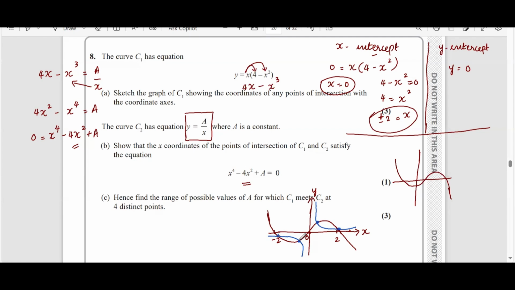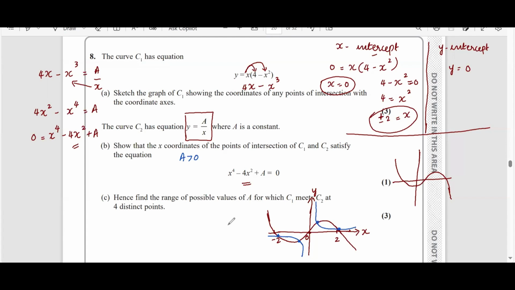So a should be positive. If a is negative, let's say y equals minus 5 by x, then the graph passes through the second and fourth quadrants. The problem is that we'll have only 2 points of intersection in that case. So our a value should be positive, a greater than 0.